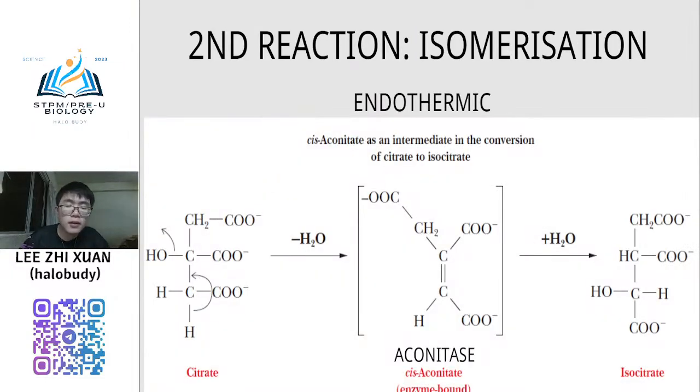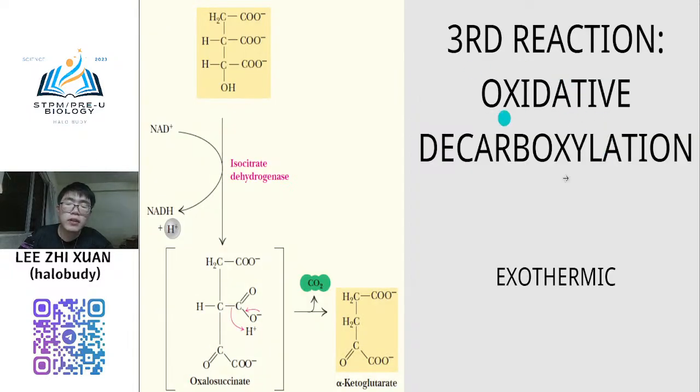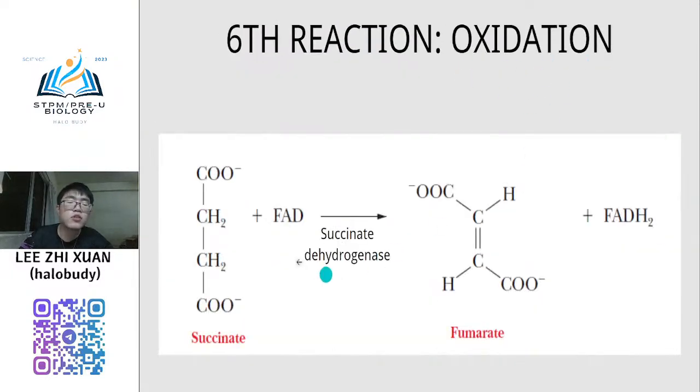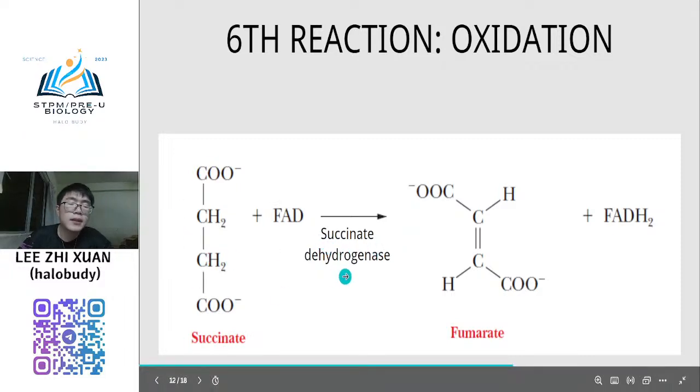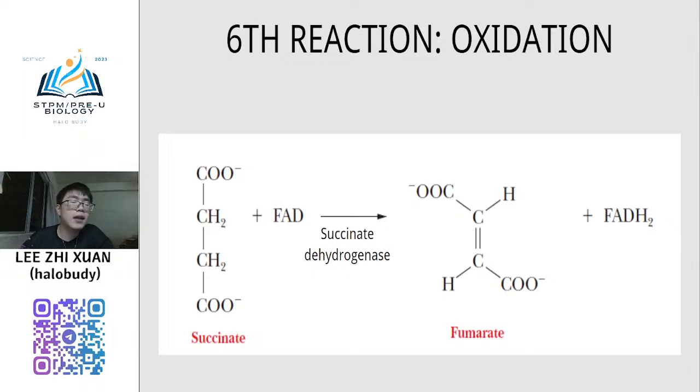Senang kan? So all of the oxidative decarboxylation and oxidation reactions that involve NAD plus and FAD just use the substrate name and then add dehydrogenase only. The enzyme name is also very simple. Dia bukan totally not same one.